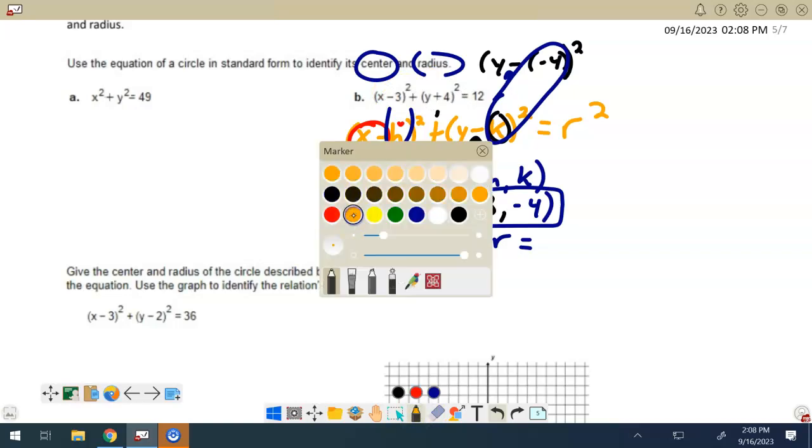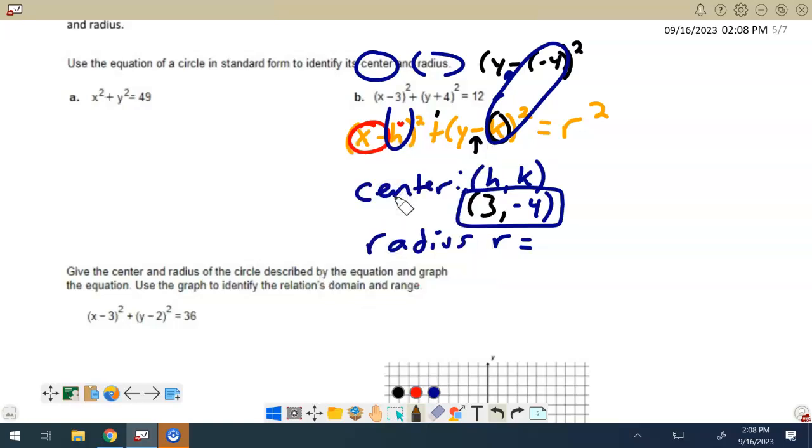I guess brown. So if you have a minus 3 in the equation, then the center will be at positive 3. If you have a plus 4 in the equation, the center will be at minus 4. So basically just take the opposite sign of the number that's actually in the equation. If it's a minus, then your coordinate should be positive. If it's a plus, your coordinate should be negative. Just take the opposite sign.